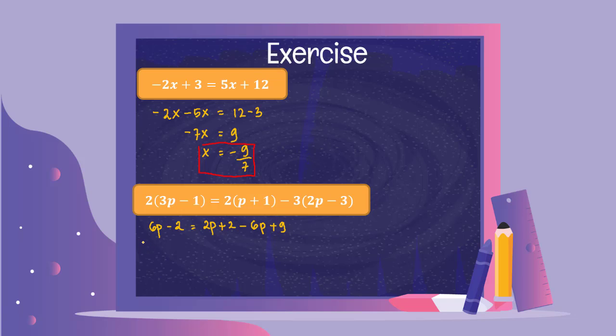So we can solve it: variable with variable and constant with constant. So 6p minus 2p plus 6p is equal to 2 plus 2 plus 9. Then 10p is equal to 13. So p is equal to 13 over 10. So this is the answer of the p value.